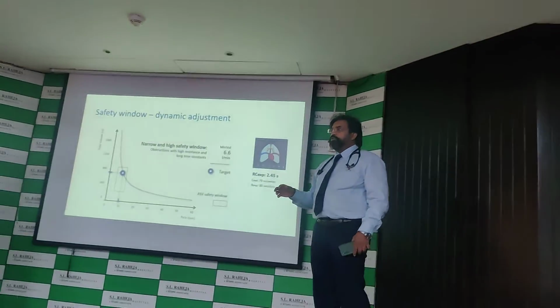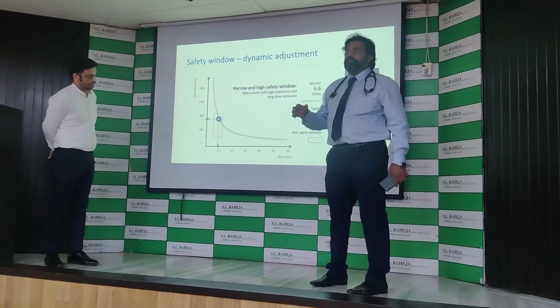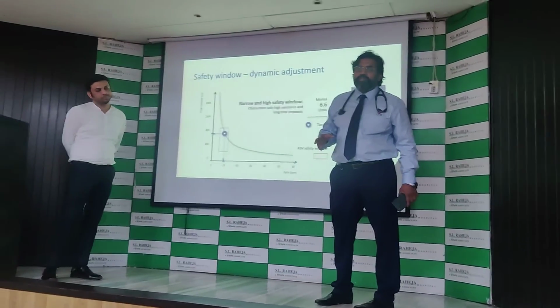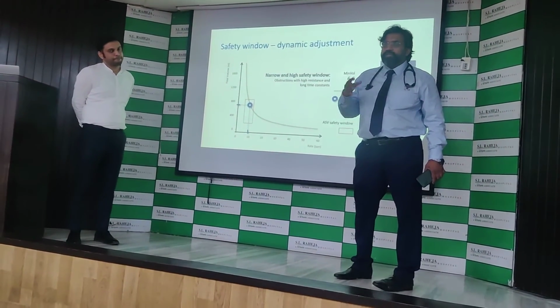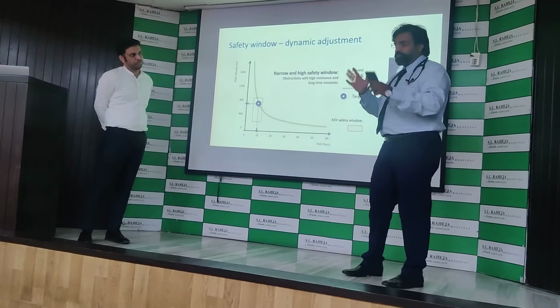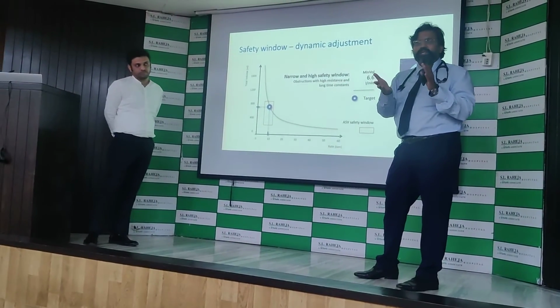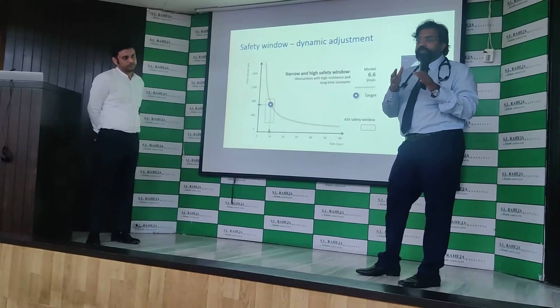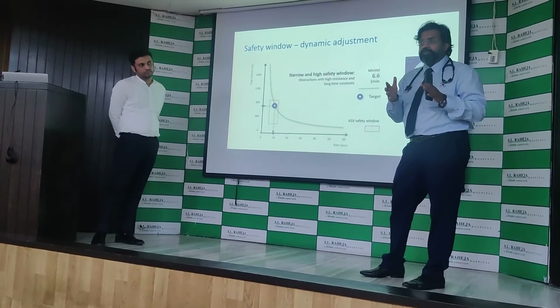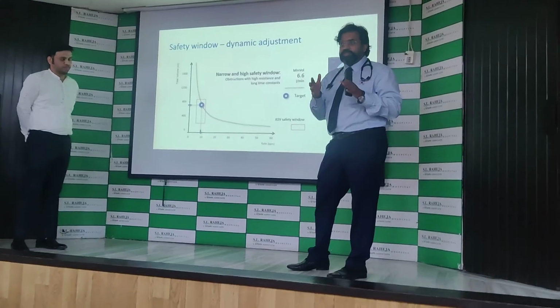Let me give you an example. You have a patient who has come in and you put 130% minute ventilation. Now you have set 130% minute ventilation, so it made a box saying the target should stay in this box. Now this patient starts developing auto-PEEP.